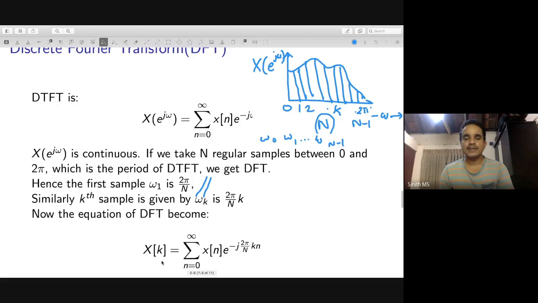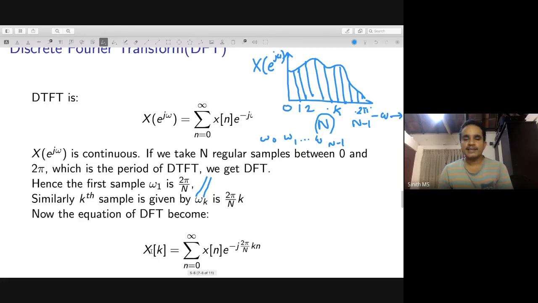It can be represented as capital X[k] equal to the sum of x[n] e^{-j(2π/N)kn}. Instead of ω, you have 2π by N into k, because ω is now discrete; it is basically ωk.